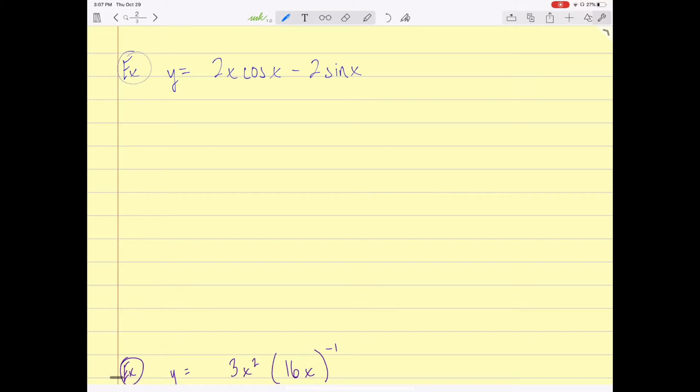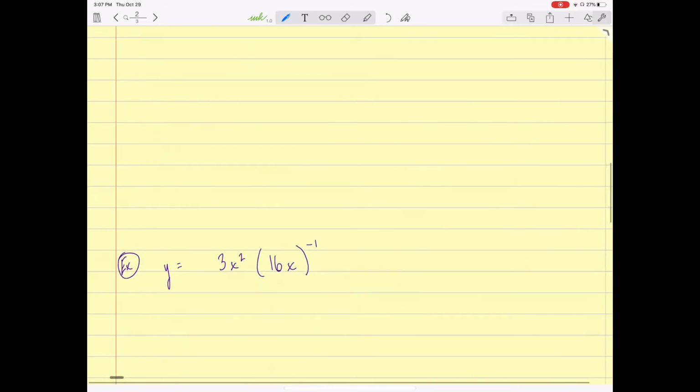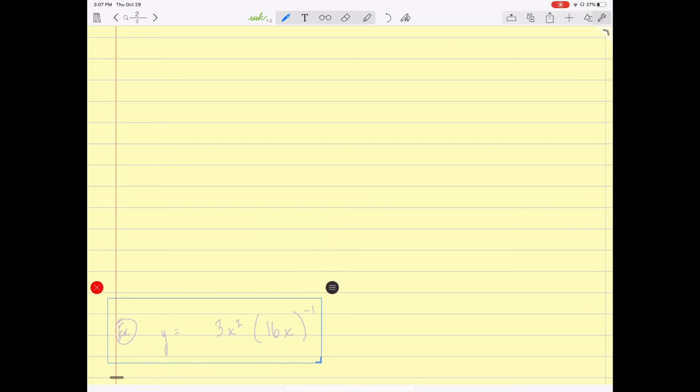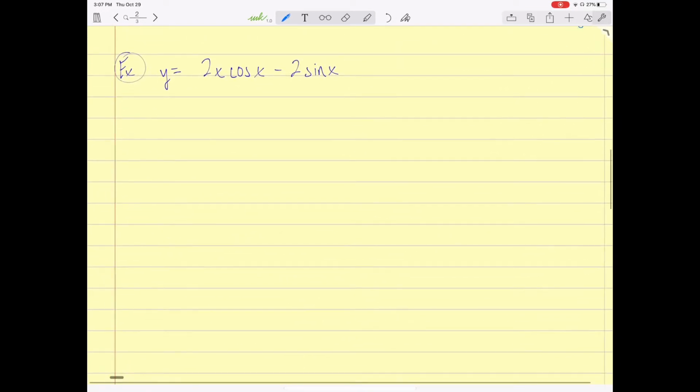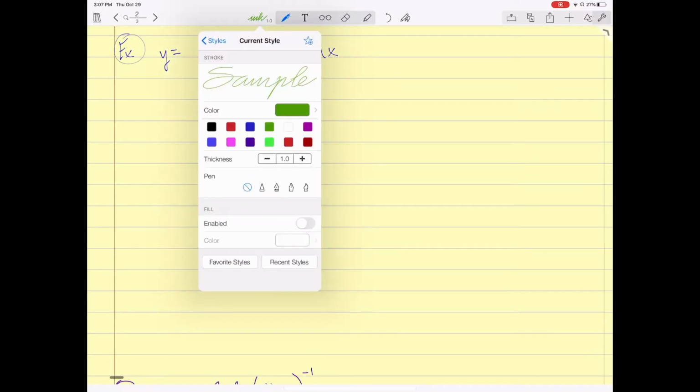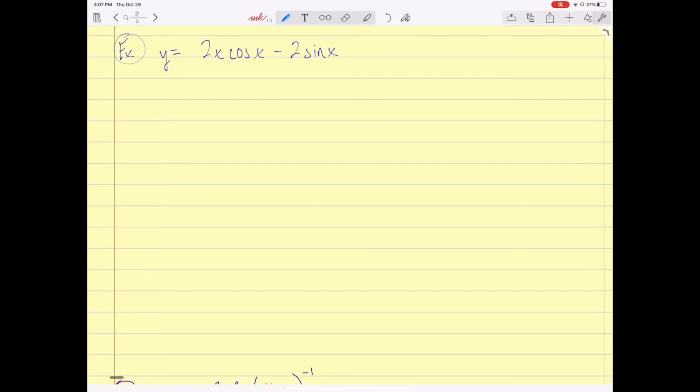For this example, we haven't really talked about trig functions yet, and we're going to get to those. We haven't gotten to the derivative of trig functions, but I just want you to see this because I do believe they show up. If you have sine x, the derivative of sine x is cosine x.